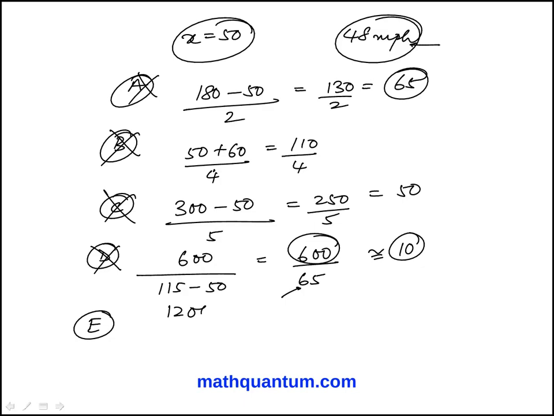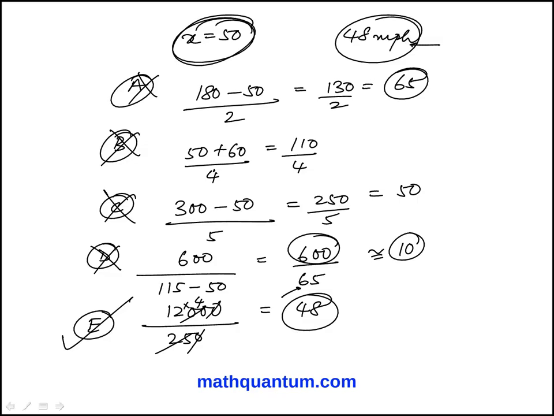And then the last one is 12,000 over 50 plus 200, which is 250. And then 25 goes into 100 four times, so 12 times 4 is 48. So that is indeed the answer. So that's the other option, to do it this way. I'm actually surprised that they didn't make up another answer choice that would have given 48, because I would expect most students to do that.